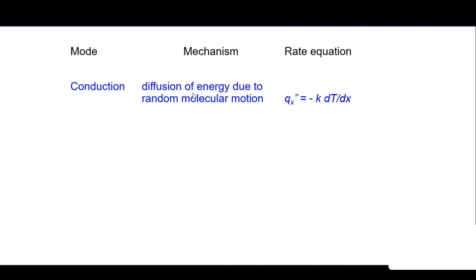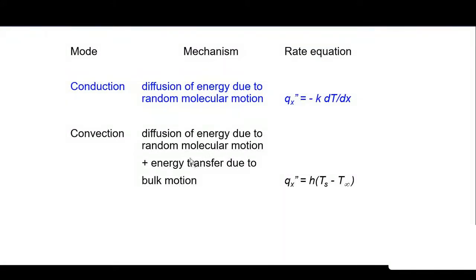Now, if you summarize the three modes of heat transfer, you got three modes. Conduction is because of the diffusion of energy into random molecular motion because of free electrons and because of the lattice vibrations, and its equation is, heat flux is given by minus k into dT by dx.